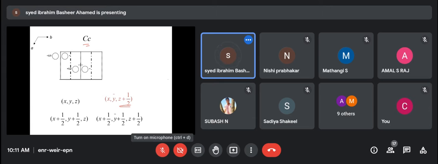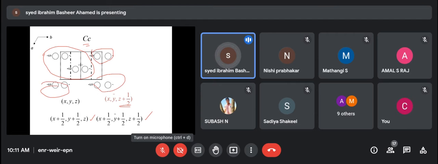So this is the CC space group. For this space group, try to draw at least these important 4 molecules and the corresponding equivalent positions. Don't worry about all these molecules. If you are able to draw all of these, it's well and good. If you are confused, just leave it.